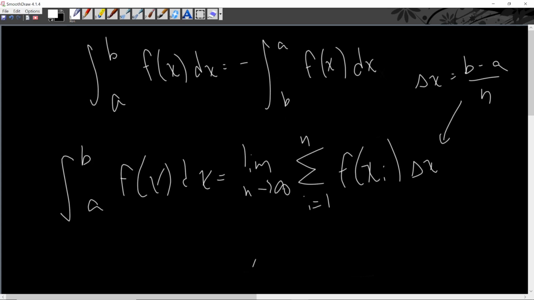And again, this is just saying that if this is a y value and this is an x value, then you're going to have area equals x times y, which is base times height.